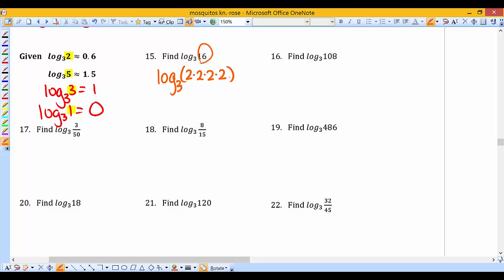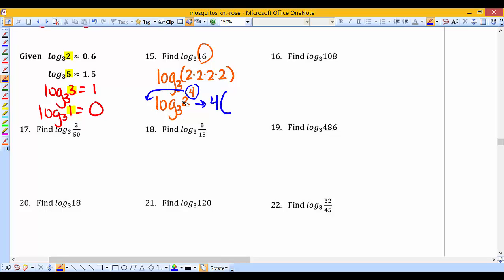Or, actually, let me go ahead and work on this one for you really quick. I can rewrite this as 2 to the 4th. There's 4 2's. Now I can use the power property. I could bring the 4 to the front, and this is actually going to end up equaling 4 times.